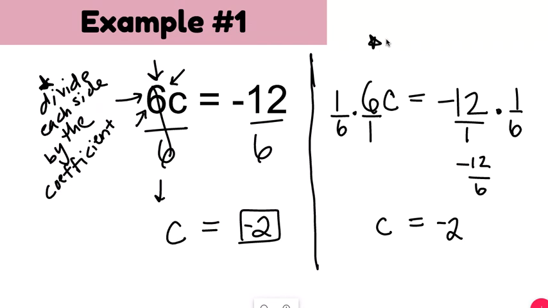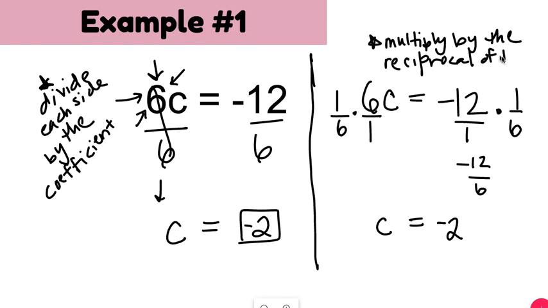If you like the method on the right, we multiply by the reciprocal of the coefficient. Let's try that again. And we'll come back through and look at these in a second.